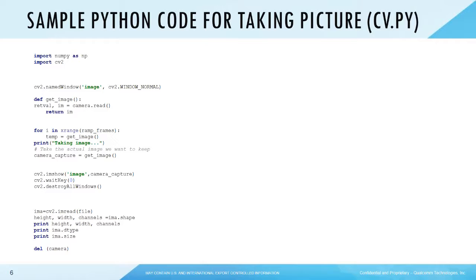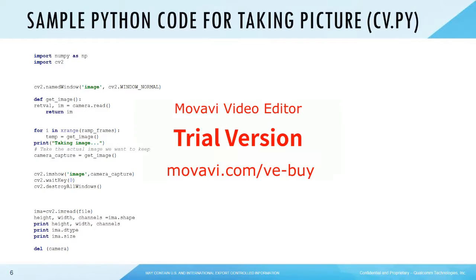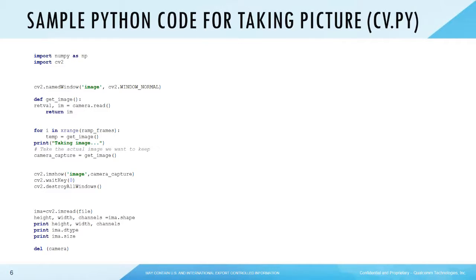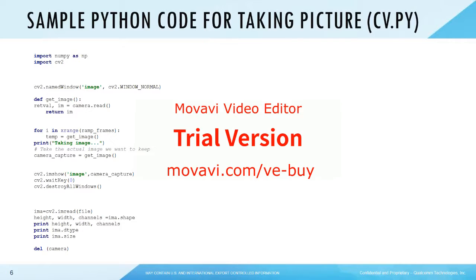Then a print message, and after we discard the first 30 leading frames, we actually get the image, the frame we want to keep, into the image called camera capture. Then it can be shown on the BeagleBone side, and also we can obtain information about the file itself, and then the camera is deleted.